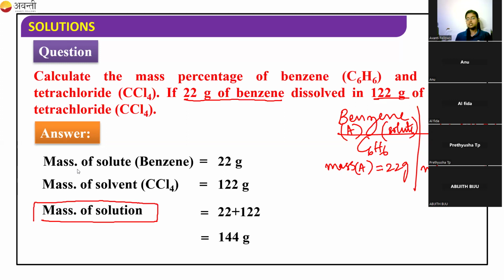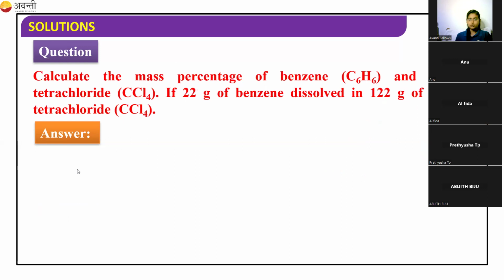We should calculate the mass percentage in the question. In the formula, mass of the solute by mass of the solution into 100, we have the solute mass, we don't know the solution mass, and that's why we have calculated the mass of the solution.